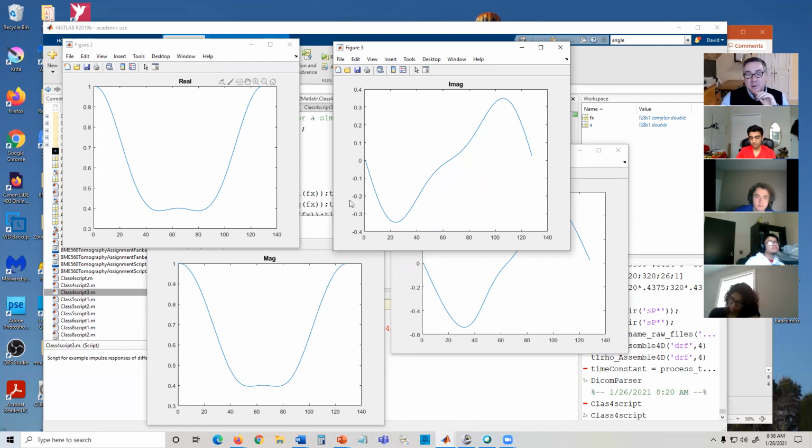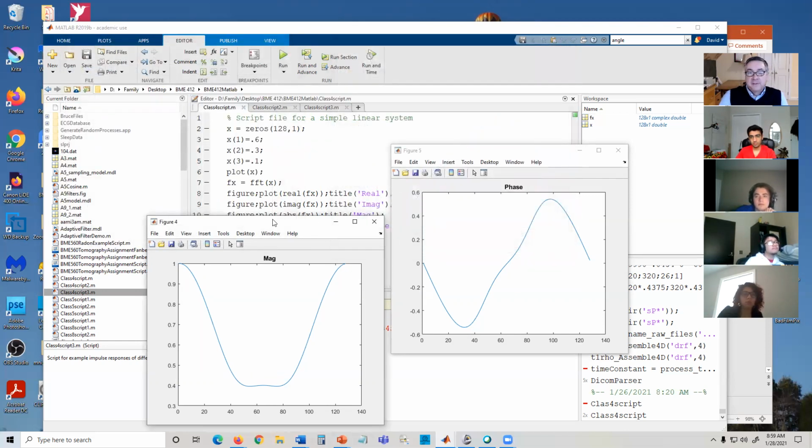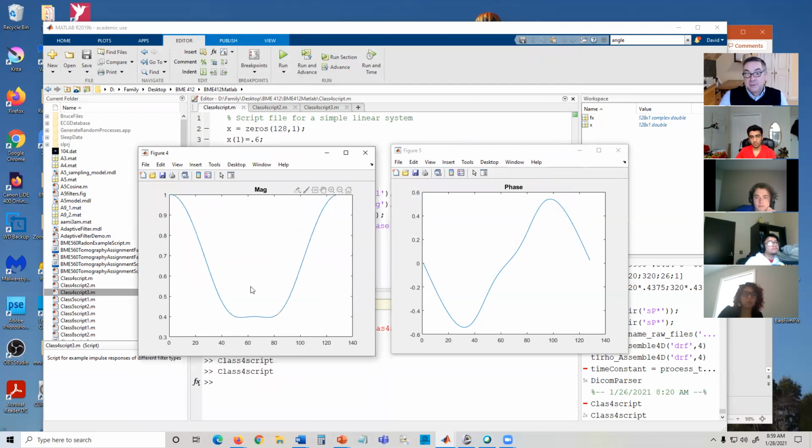Okay, the imaginary part, similar, but not exactly. It's got some negative elements to it. Because remember, this was a sine of omega and a sine of 2 omega. So they're both in there. But the thing that's going to be more informative about how a system behaves is going to be the magnitude, mostly, with a little bit about the phase.